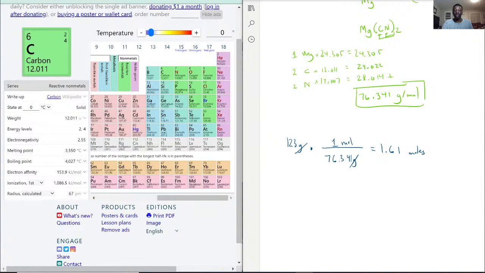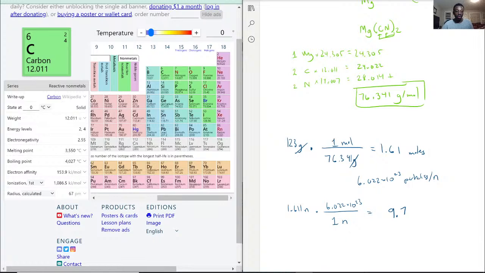And now to find the atoms present, we have to convert from moles to particles, and we use Avogadro's number. There's 6.022 times 10 to the 23rd particles per mole. So the same way, we have 1.611 times, moles, okay, and then we multiply, and based on this, the moles are at the denominator, and we have 6.022 times 10 to the 23rd. Multiply those together, okay, and we actually get that there is 9.7.